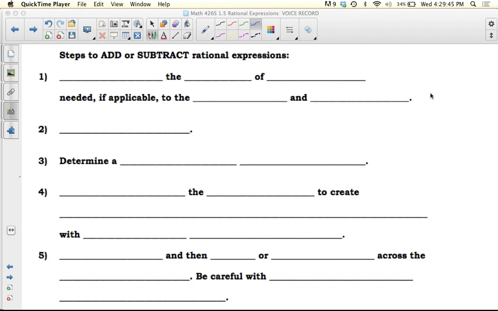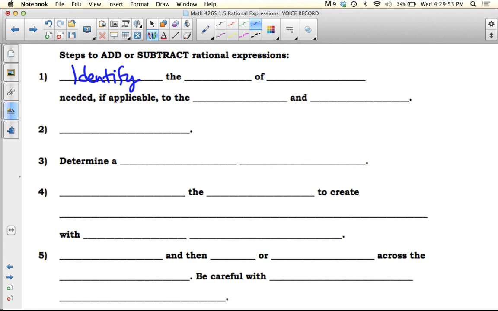So here are your steps to add or subtract rational expressions. First, identify the types of factoring needed, if applicable, actually just for the denominators.